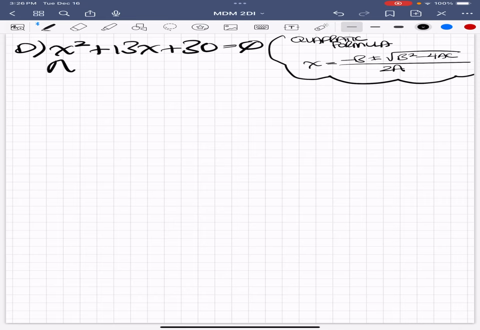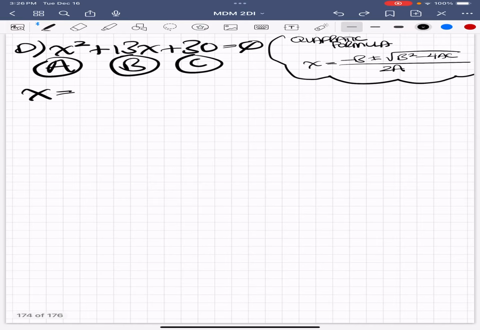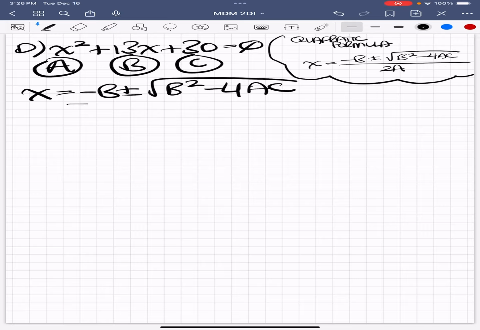Okay, so we have a, b, and c. And then we have our formula, -b plus or minus the square root of b squared minus 4ac over 2a.